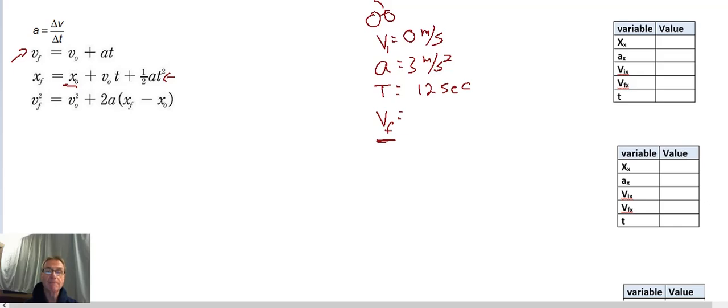But it also is assuming that we know the displacement that our object or bicycle traveled, and we don't have that initial information over here. However, we do have time, so we got that one. We have acceleration, and we have initial velocity. So we can get v final using the second equation.